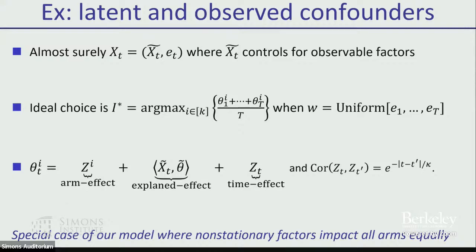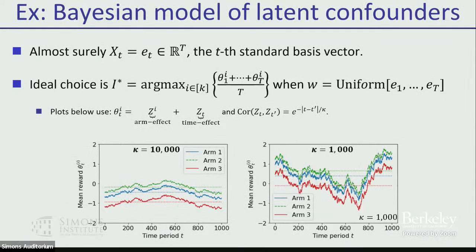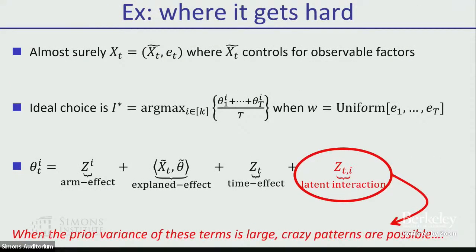The hard case is going to be when we let things cross. Okay, we're going to let arms be much better than others, maybe at the beginning, and then worse later on. And that comes in when we add a third term here, I guess a fourth term, which is time and arm specific shocks.